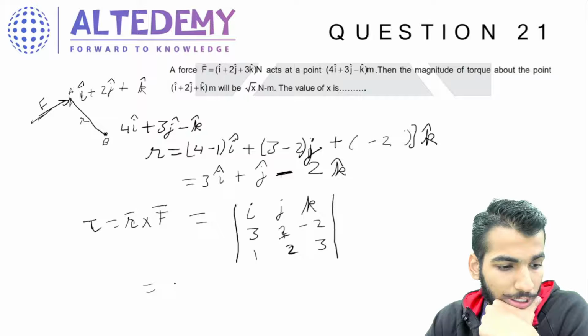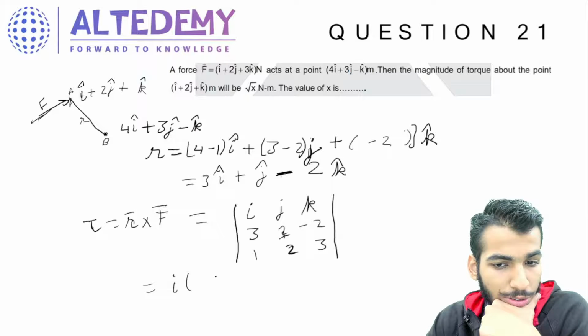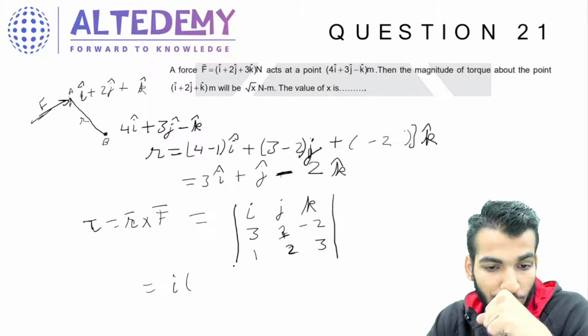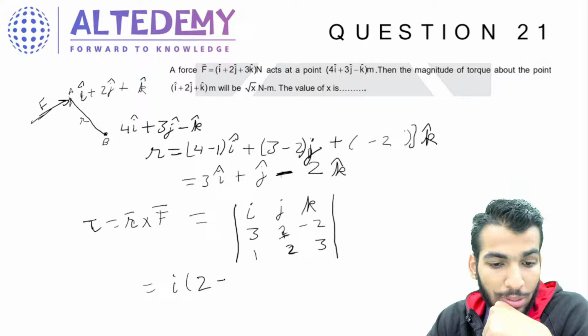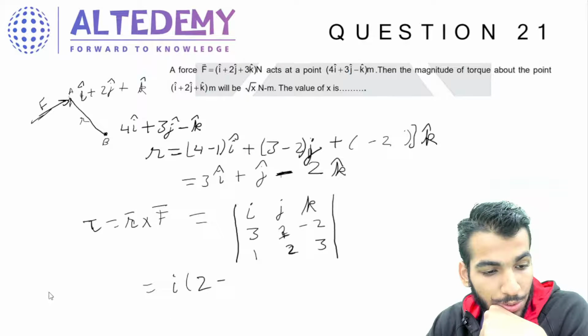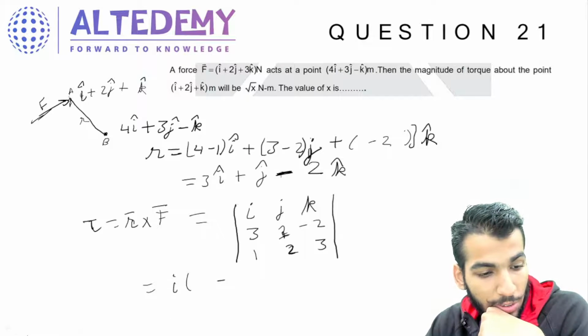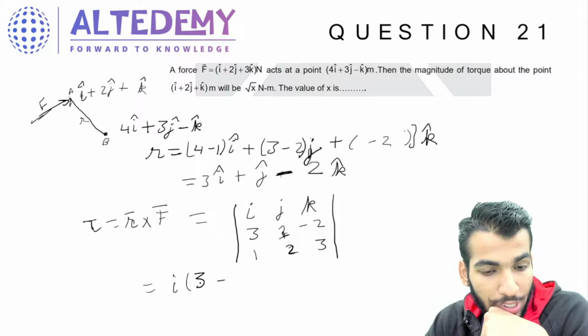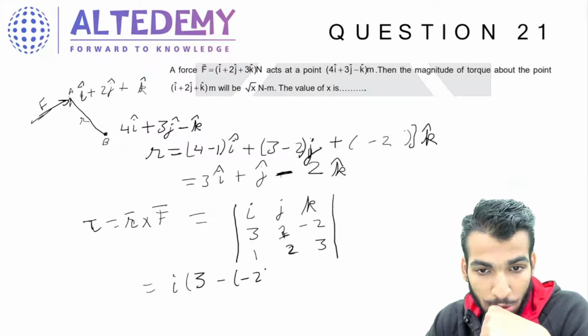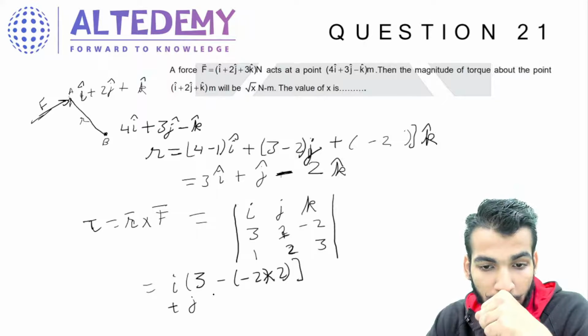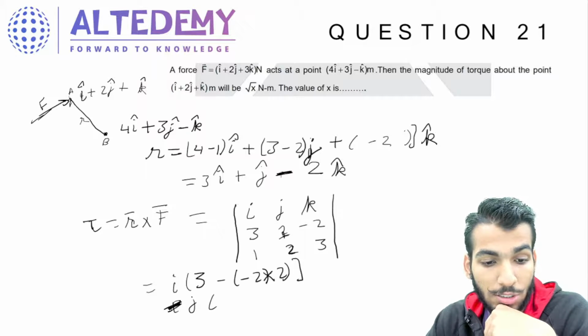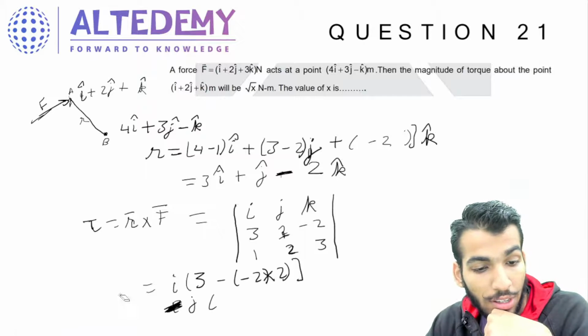So what will this be? i is equal to i into 3 minus -2, into 2, plus j, sorry, minus j, because that's how we solve a matrix.